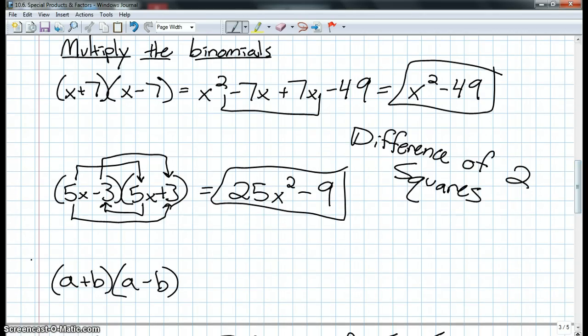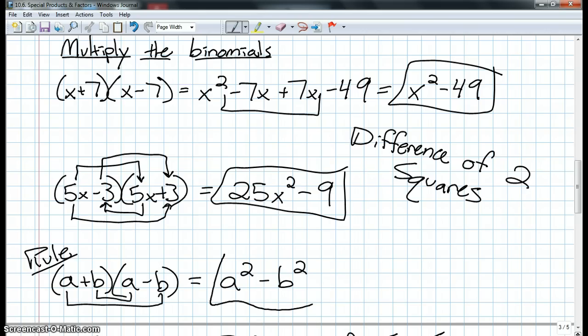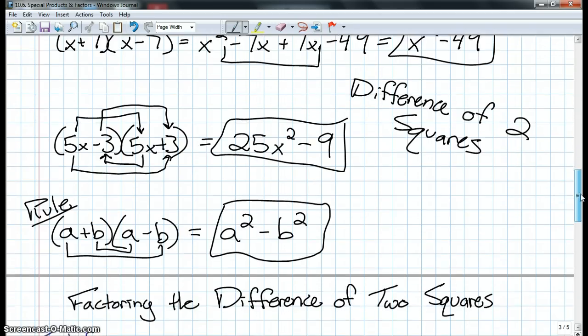So the general rule, again, when we multiply two things with opposites, is that we have the first thing squared, and then we're going to subtract the second thing squared. Because again, our outer and our inner cancel when we multiply these. So it's always just the first term squared minus whatever this second term is squared. And that's a little shortcut rule for multiplying binomials that have opposites.